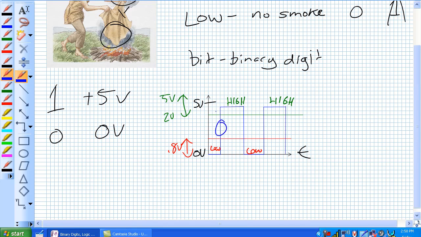The key point is these instantaneous transitions between states. It goes from low immediately to high, and immediately to low, with no in-between state.